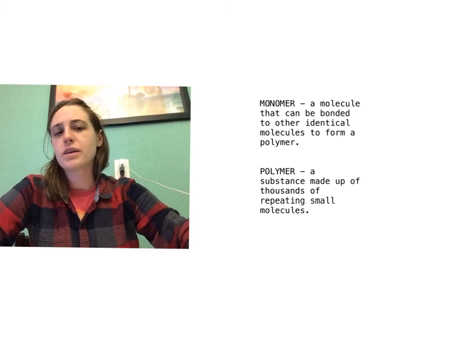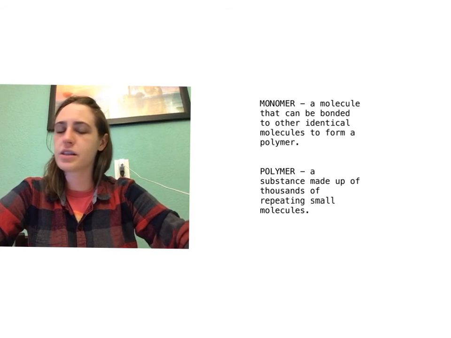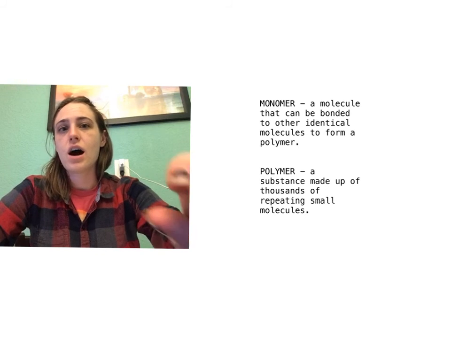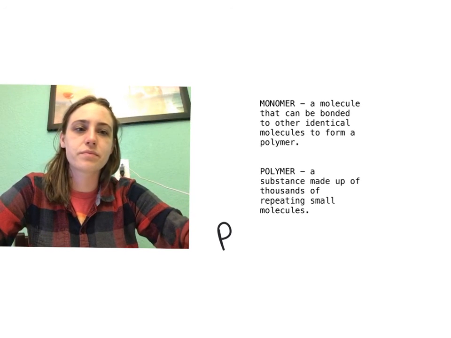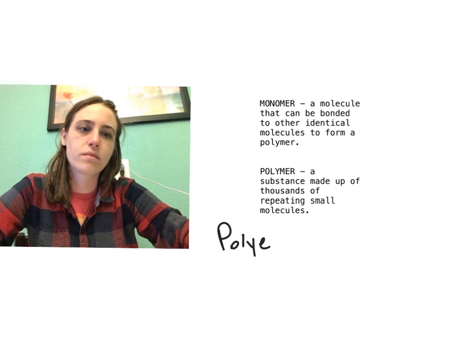So what does this look like chemically? I'll give you an example here of polyethylene. Polyethylene looks like this. You have one carbon bonded to a bunch of hydrogens.